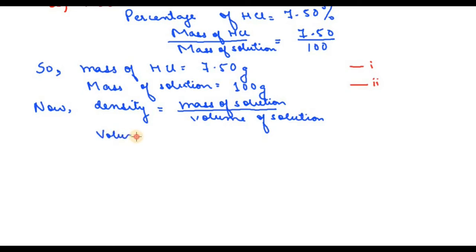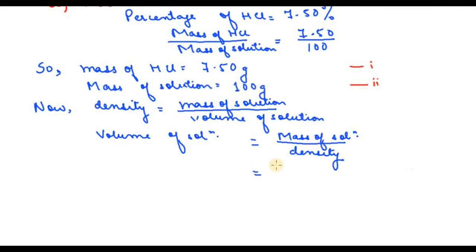So we could write it as volume of solution is equal to mass of solution over density of solution. So here we have mass of solution from equation 2, that is 100 grams, and density is given in the question, that is 1.015 kg per decimeter cube.